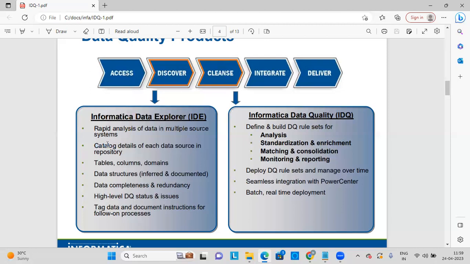Not only that, this cataloging of metadata will be stored in a central repository that can be taken as input to some other tools. There is a separate tool called EDC, which is Enterprise Data Catalog, and the job of this EDC would be to carry out analysis of metadata. In that perspective also, it is always advisable to catalog what was done.